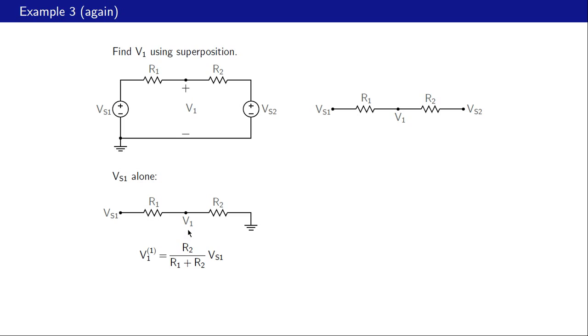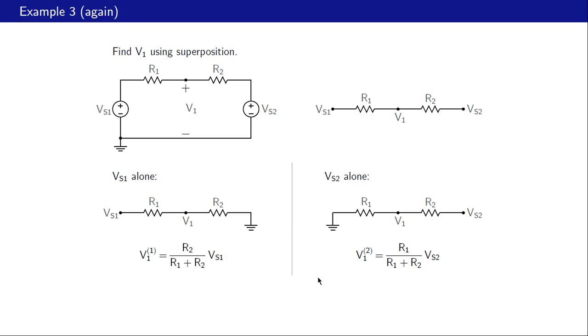Essentially it is the voltage between this node and the ground node, and this Vs1 is the voltage between this node and the ground node, and therefore we can use voltage division. So V1 is the voltage across R2, which is R2 divided by R1 plus R2 times Vs1, and that is our V1 in case 1.